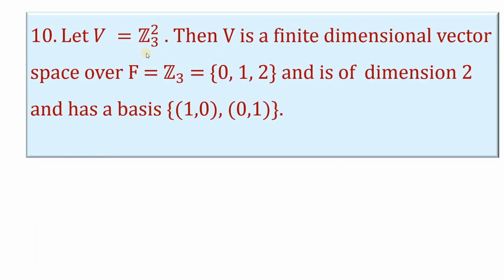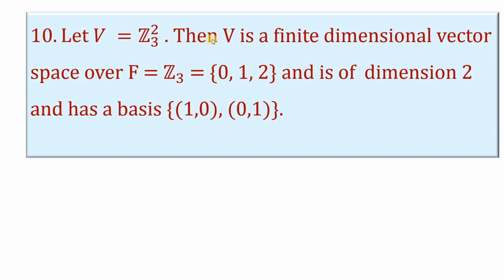Now if you consider Z3 square, what is Z3? It is the collection of all congruence classes modulo 3. It consists of the elements 0, 1, 2, each one is a congruence class modulo 3.